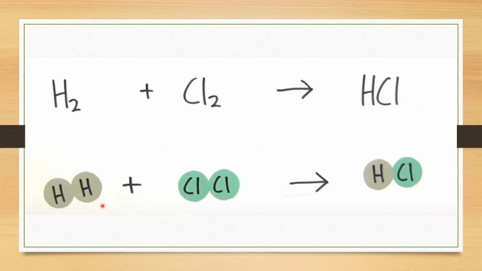Thus, a hydrogen molecule has been represented by two atoms of hydrogen joined together. Likewise, a chlorine molecule has been represented by two atoms of chlorine joined together. A hydrogen chloride molecule has been represented by an atom of hydrogen and an atom of chlorine joined together.